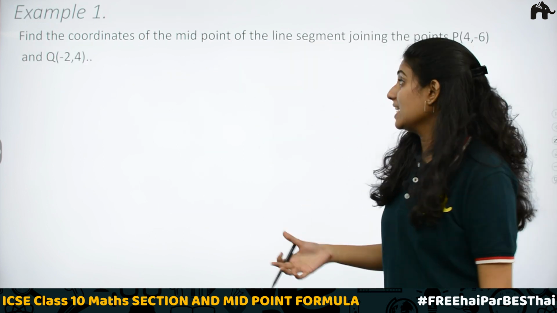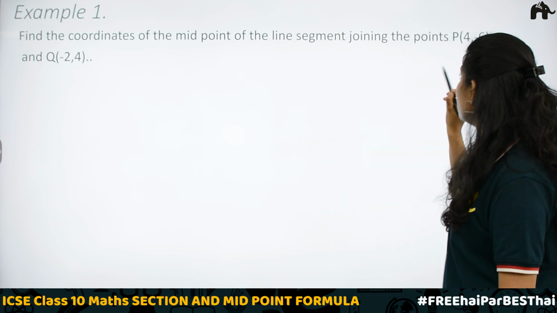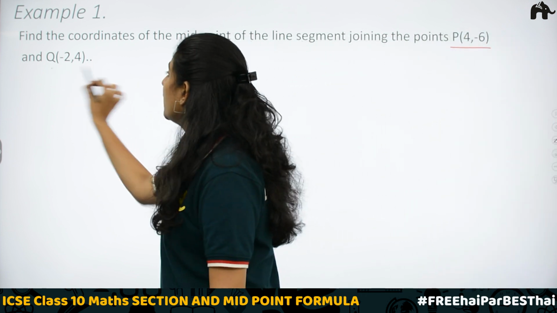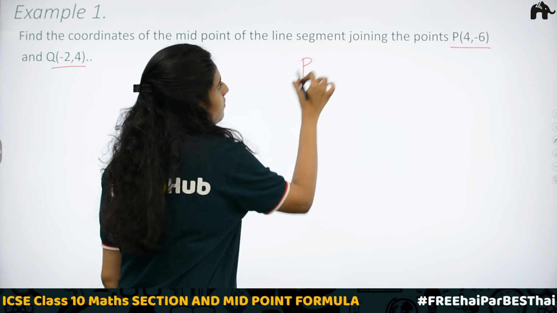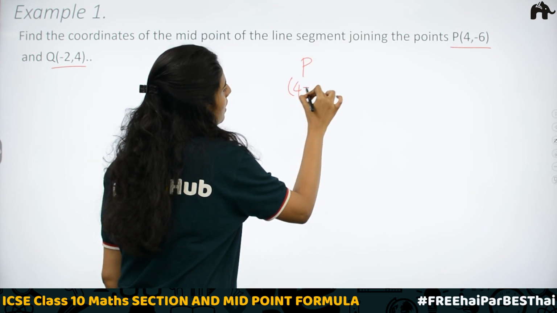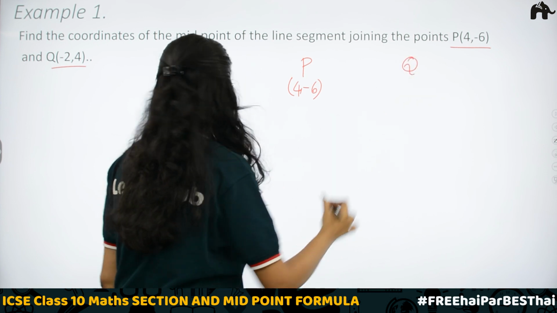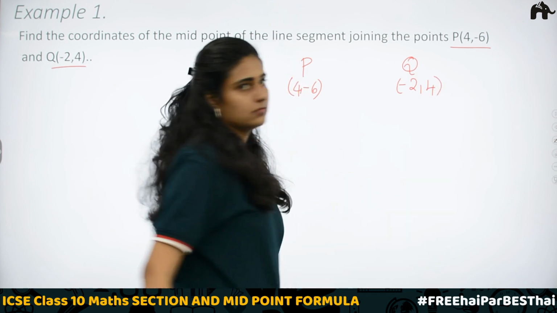Here we have the first example. Find the coordinates of the midpoint of the line segment joining the points P (4, -6) and Q (-2, 4). We have a point P with coordinates 4, minus 6 and a point Q of coordinates minus 2, comma 4.